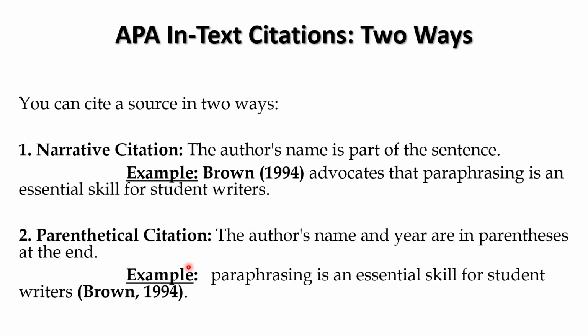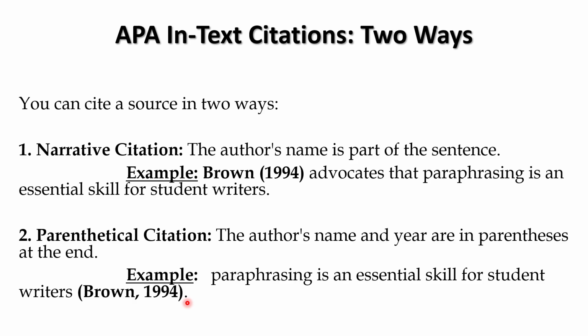Then, second, the parenthetical citation. In a parenthetical citation, the author's name and year are placed together in parentheses at the end of the sentence. Look at this example. Paraphrasing is an essential skill for students, writers (Brown, 1994). Here, the sentence could stand on its own.